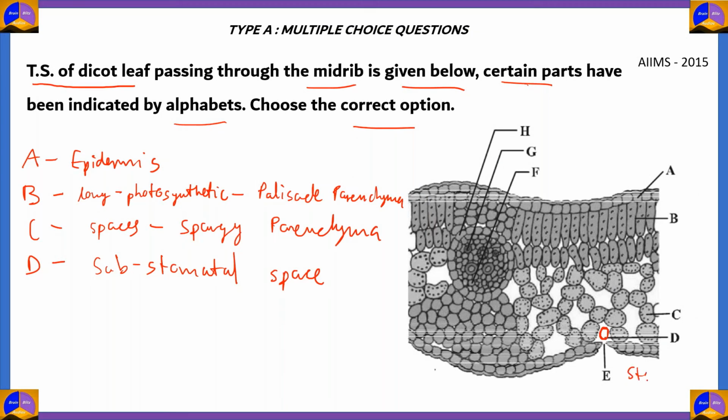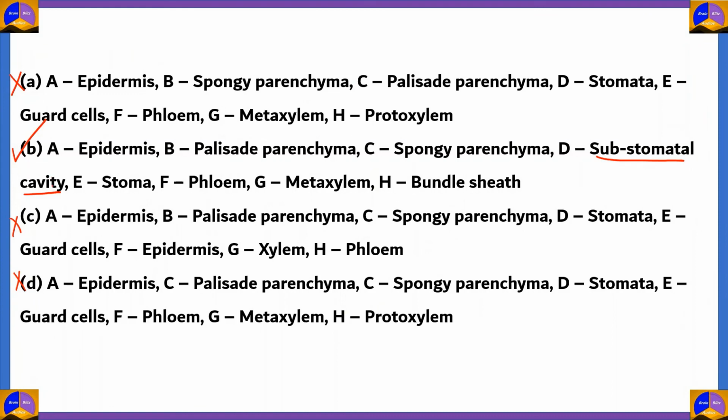So E is stomata, F is the circular phloem, G is the xylem, the smaller circles next to the phloem, and H, which surrounds them, is known as a bundle sheath because it covers both vascular bundles. So the right answer is option B.